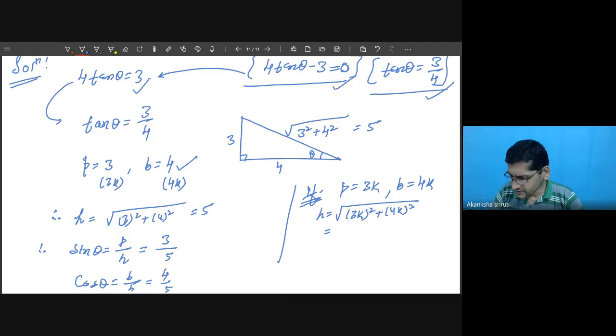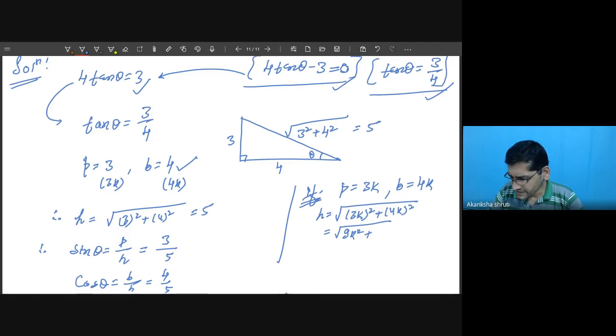Student, this square is for 3 as well as the k. So ultimately it becomes 9k square plus 4 4s are 16k square. So this becomes under root of 25k square.